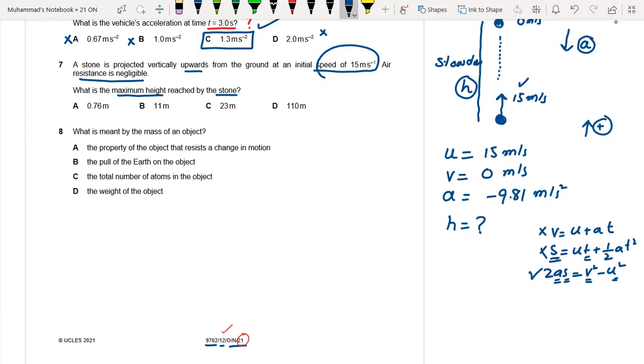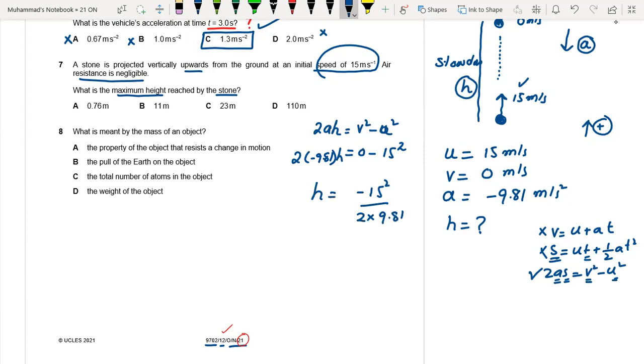Okay, so 2as, where s is height, is v square minus u square. Final velocity is 0, and initial velocity is 15, so 15 square, and acceleration is minus 9.81 times h. So h will be minus 15 square divided by 2 into 9.81.